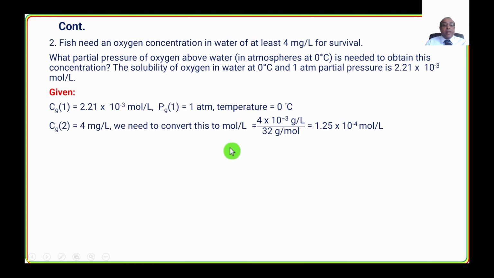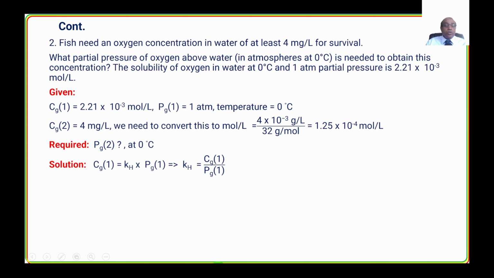We are asked to find the partial pressure of oxygen that can give you 4 milligram per liter of solution. So we are asked P2, the partial pressure of the gas at this concentration. We know that from Henry's law, the concentration equals the Henry's constant times the partial pressure of the gas.